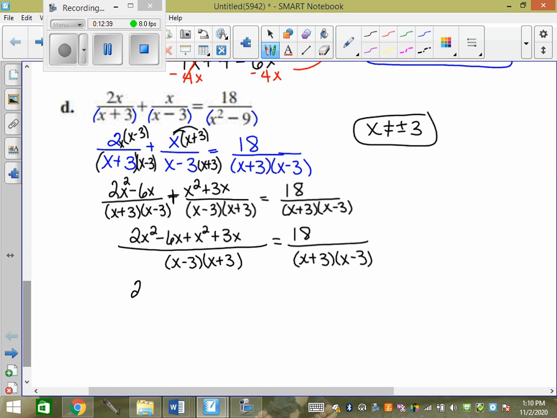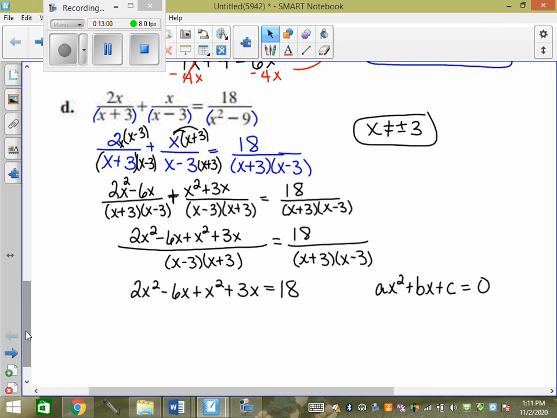So now I have 2x squared minus 6x plus x squared plus 3x equals 18. Now in the quadratic formula, it says it has to be in the form ax squared plus bx plus c equals 0. It has to be in that form. So I have to do what first?